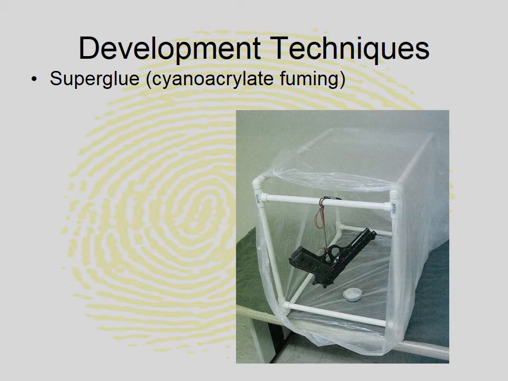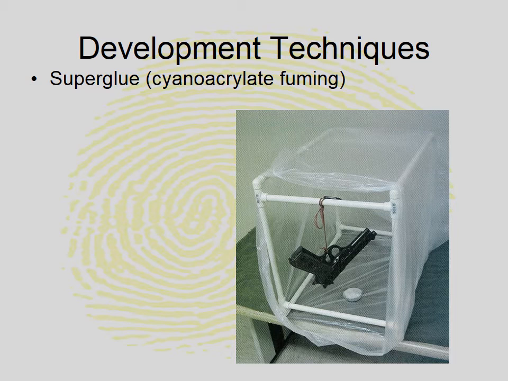So here is an example of a very rudimentary and basic super glue chamber where you simply hang the object, in this case a handgun, in the chamber and seal it off, and you heat up super glue, and the super glue actually puts off fumes and vapors and reattaches to fingerprints that are left on the gun.